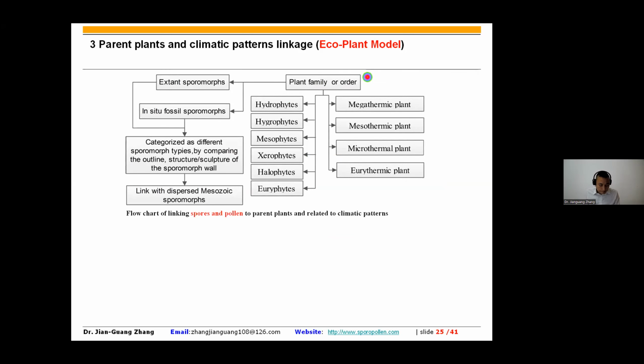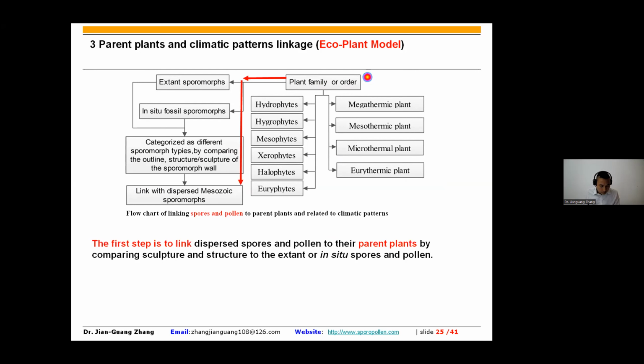Here we link the dispersed spores and pollen to their parent plants and the climatic patterns. The first step is to link dispersed spores and pollen to their parent plants by comparing sculpture and structure to the extant or in situ spores and pollen.